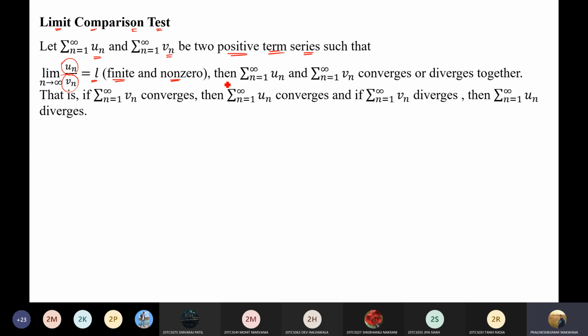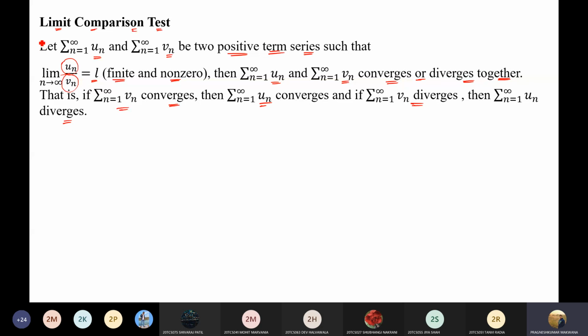What is the test? Series Un, series Vn converge or diverge together. Now what is the meaning of converge and diverge together? The meaning is that if series Vn, the denominator term, converges, then Un converges. If series Vn diverges, then Un diverges.